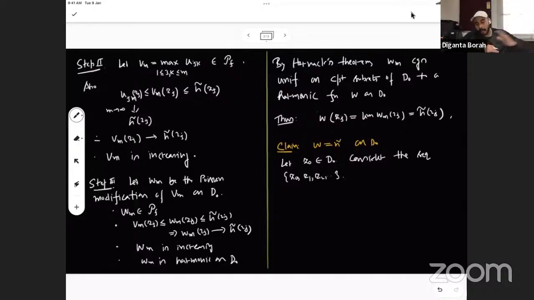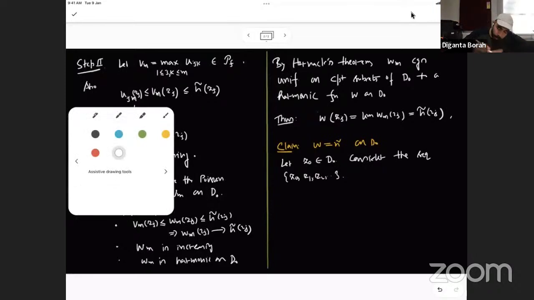Now this sequence is still countable. Given this sequence, my previous argument says that I will again be able to construct some harmonic function which agrees with S tilde along this sequence. Of course, that new function may not be W, but definitely I can find some function.